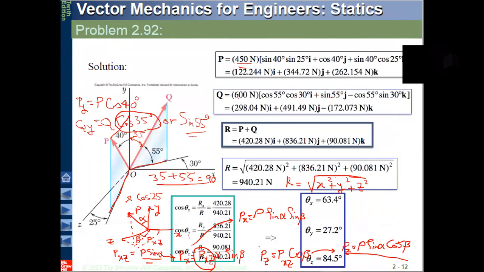And like before, you can multiply Q by sine of 55 to get the y component. And for the z component, first you need to multiply it by cosine of 55 to get the projection, and then sine of 30 to get the z component.